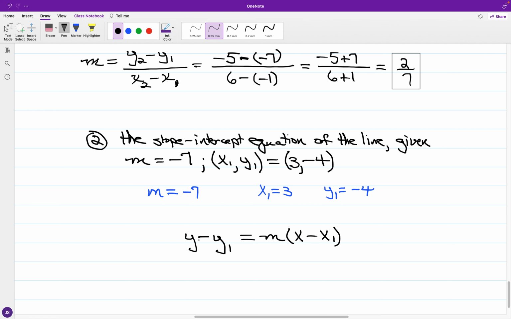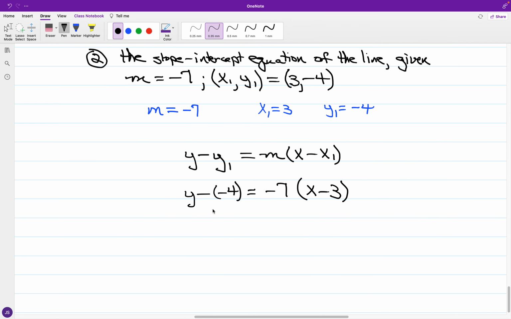and looking at substituting, so you have y minus y of 1. So you have y minus -4 is equal to the slope m, which we have at -7, times the quantity of x minus x of 1, so x minus 3. And again, with the double negative on the left, we have y plus 4.